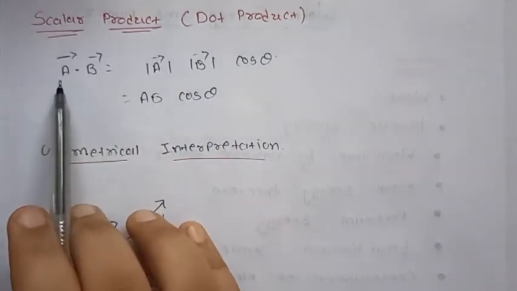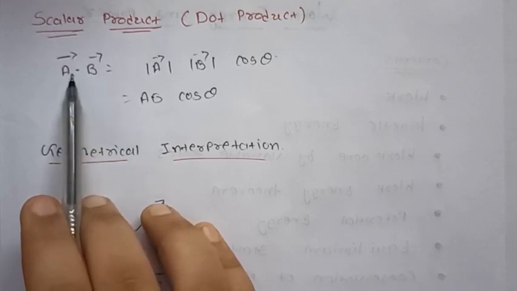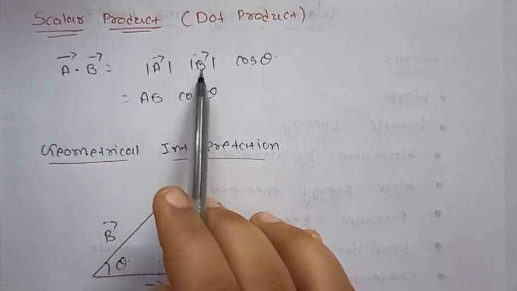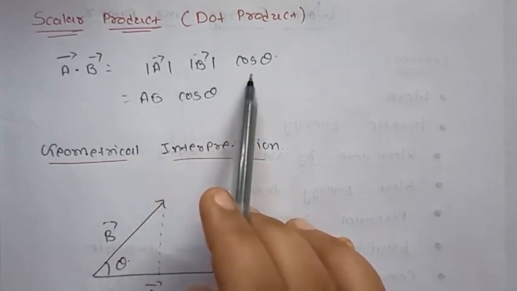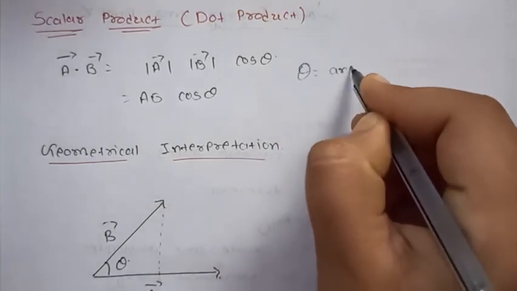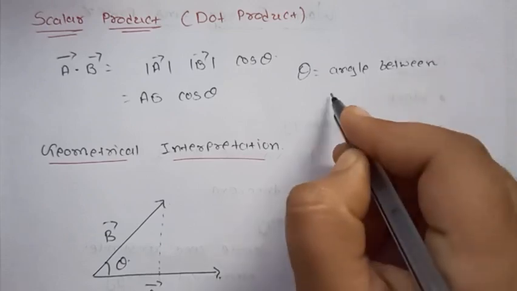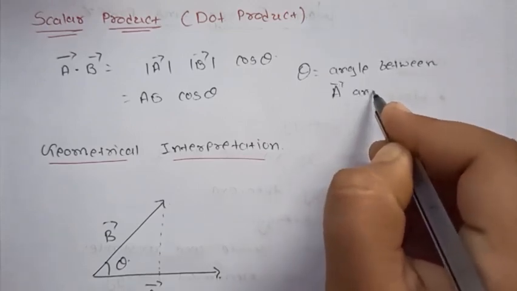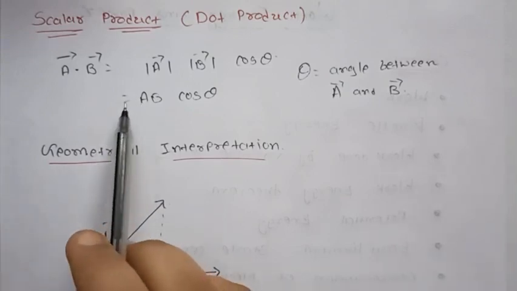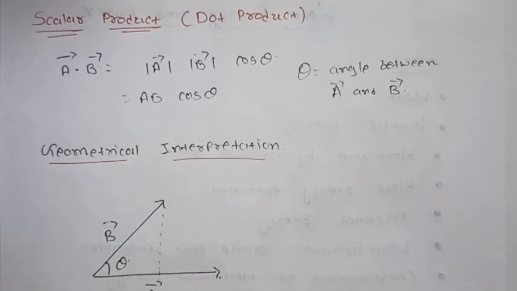Let us say there are two vectors A and B. The dot product or scalar product is defined as magnitude of A into magnitude of B into cos theta, where theta is the angle between A and B. So A dot B will be simply AB cos theta.